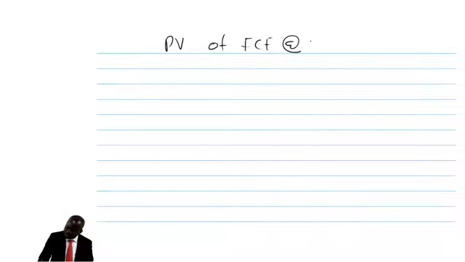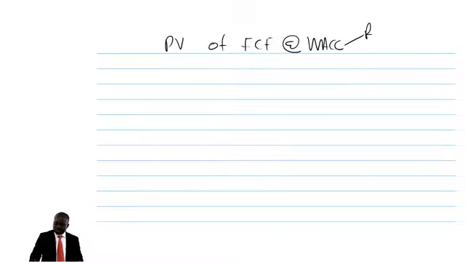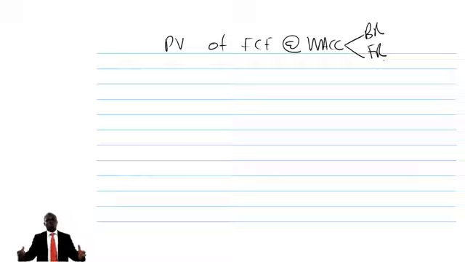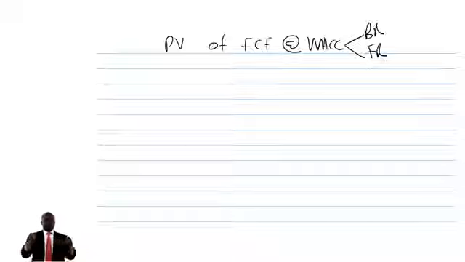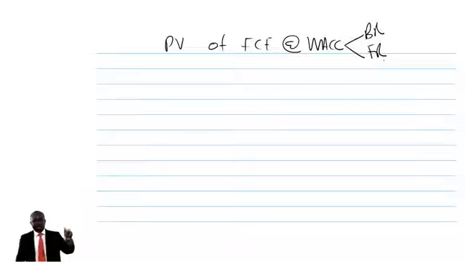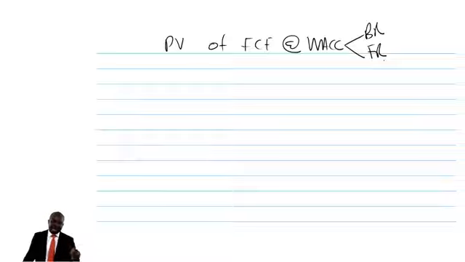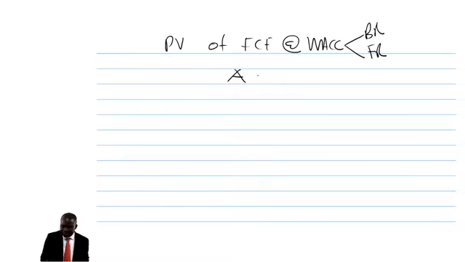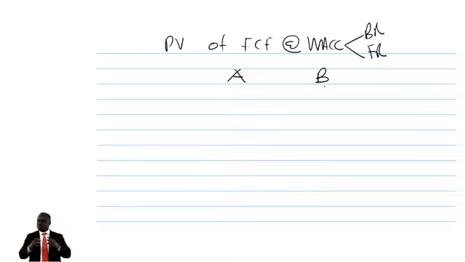We discounted the free cash flows using what? WACC. Now business risk is changing. Financial risk will also change. So what will be the WACC of the combined business? The WACC of the combined business, the new business, is calculated the same way we calculated the WACC of combined activities. The WACC of combined activities, if you remember, we said the company is doing activity A and is also doing activity B. Now, it's not activity.